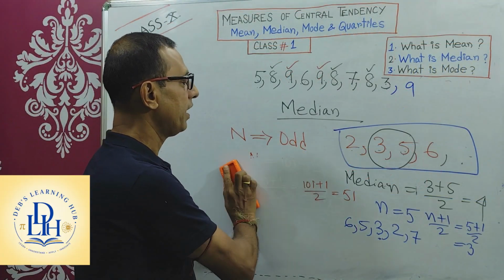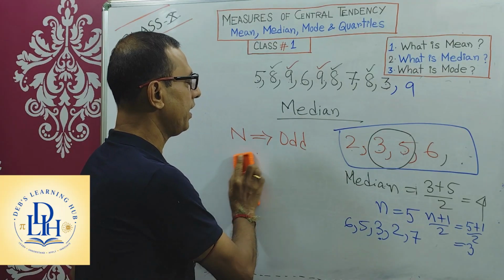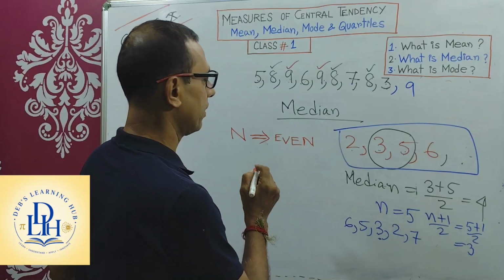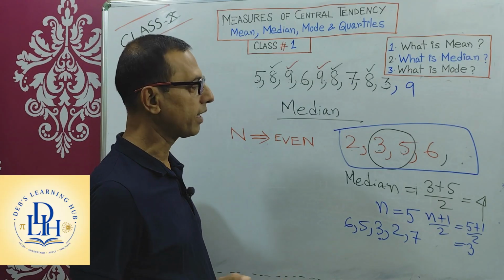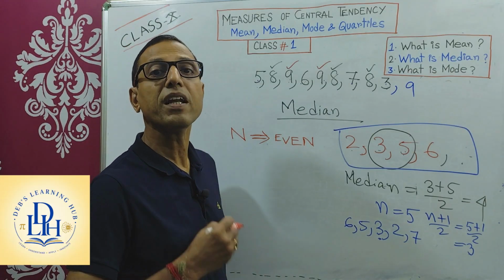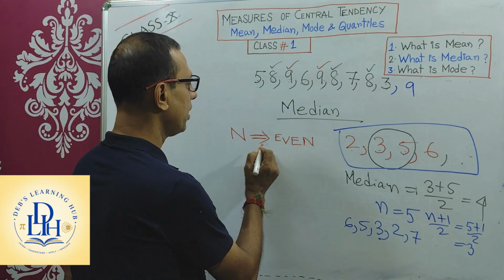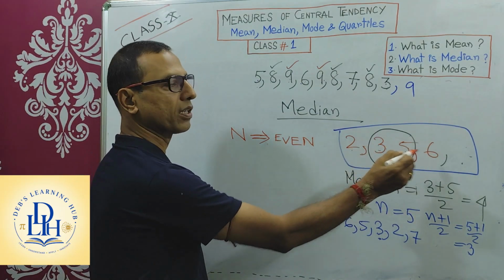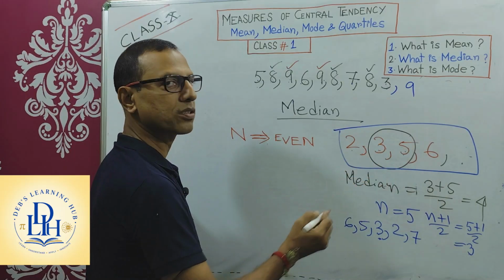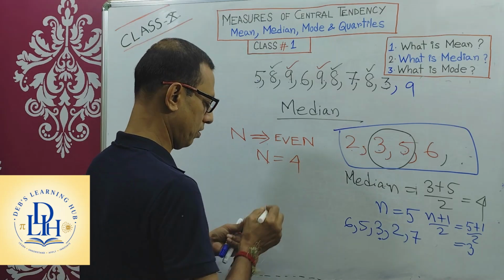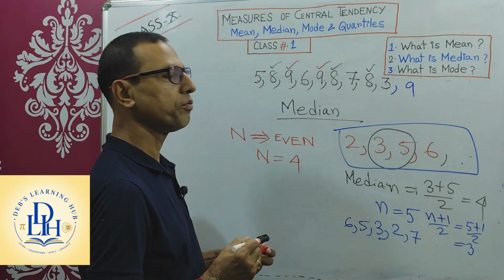Now if n is even, what will you do? As I said, for an even number of observations, you will have 2 middle numbers. Let's say for this particular case, you have 4 observations, that means n equals 4.